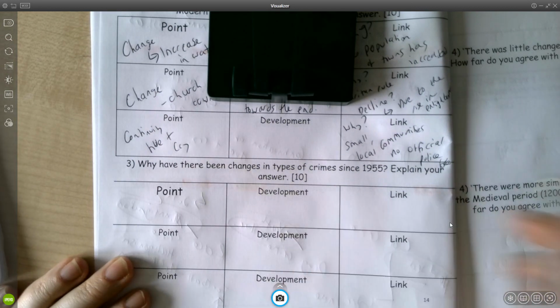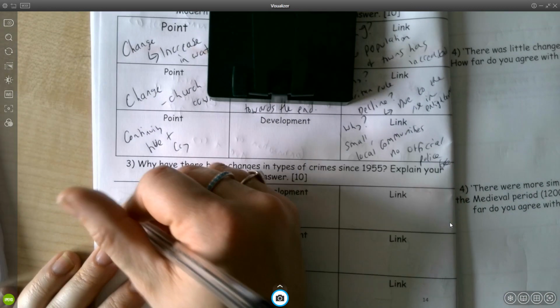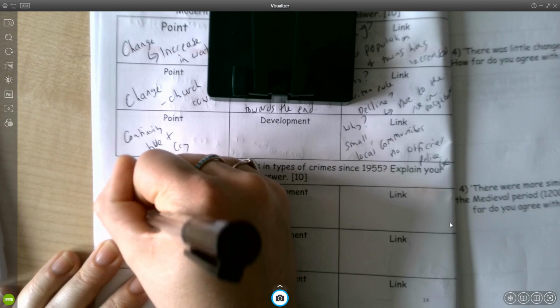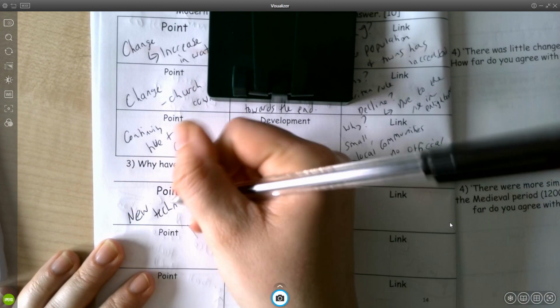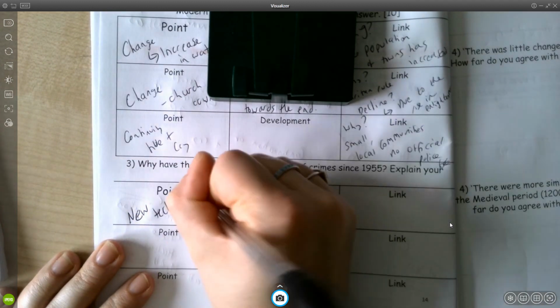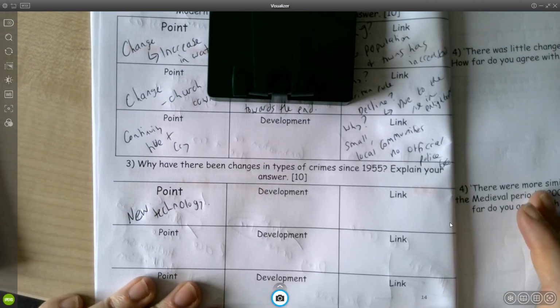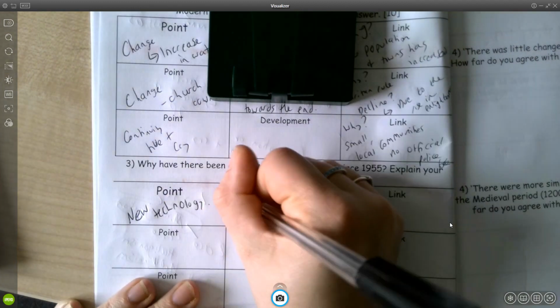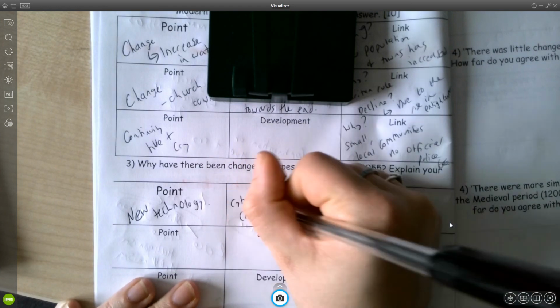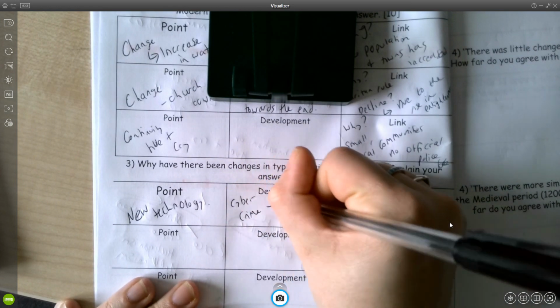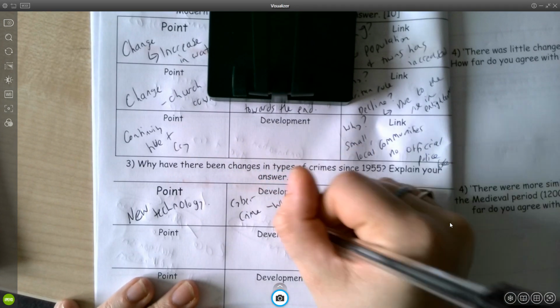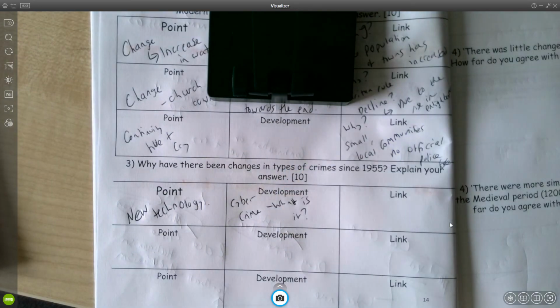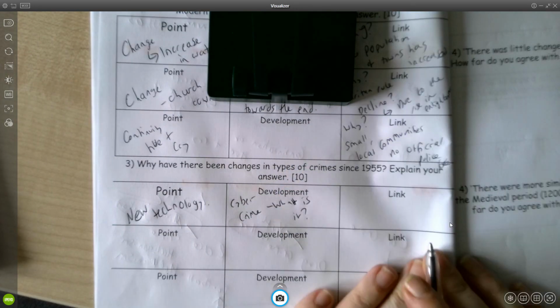So I'm going to start with, why have there been changes in types of crime? Point number 1, new technology. Your development here describes cybercrime. What is it? If you can't remember what it is now, you need to go back and watch that 20th century content video, please.